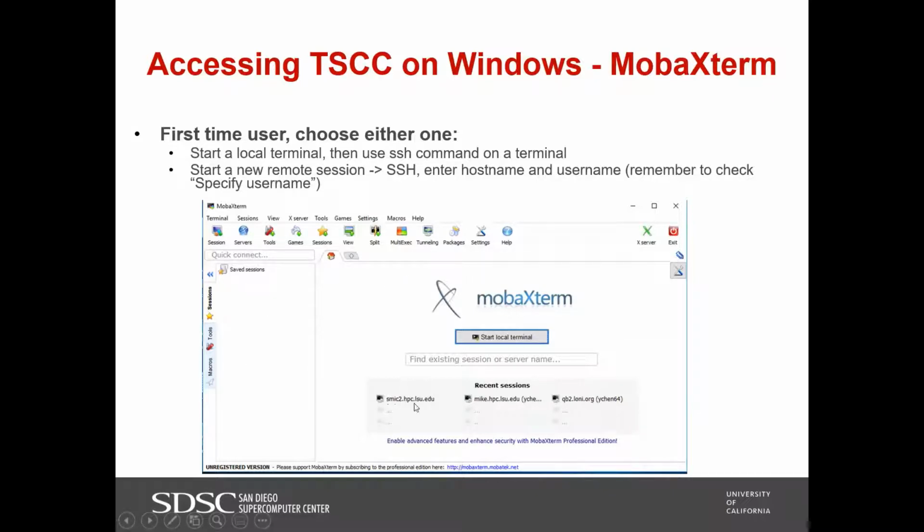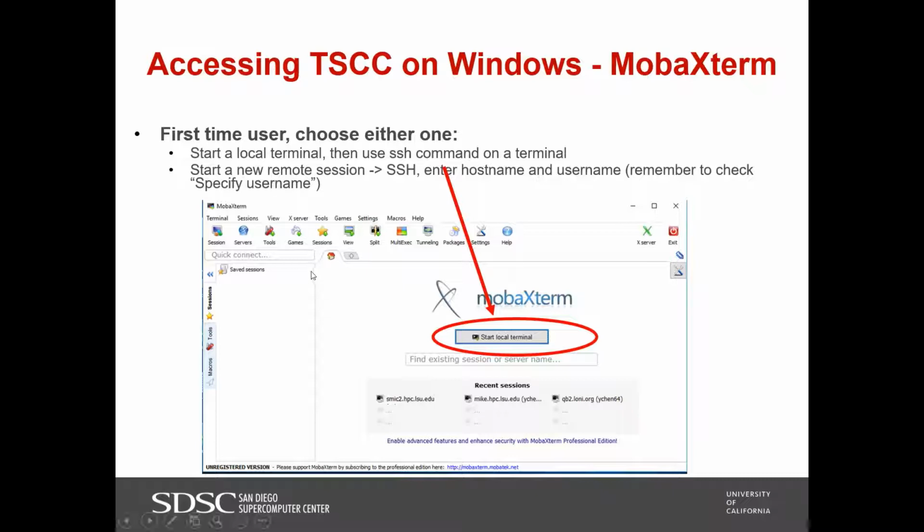Once you install MobaXterm and open its graphical user interface, you can start a local terminal, as I highlighted here, and then type the SSH command on that terminal, just like we were saying in the previous slides. It's the same as the Linux SSH command.